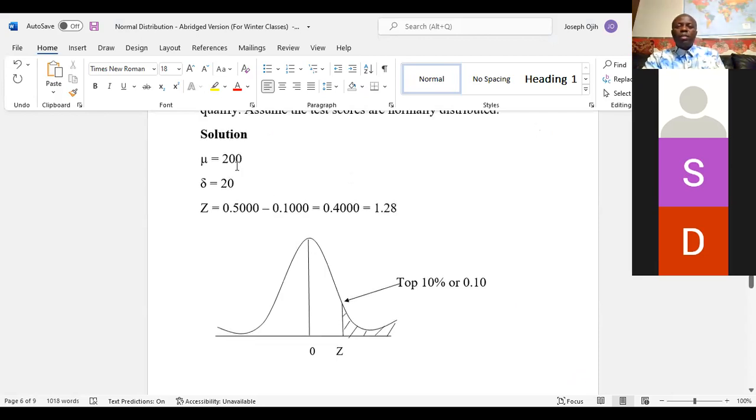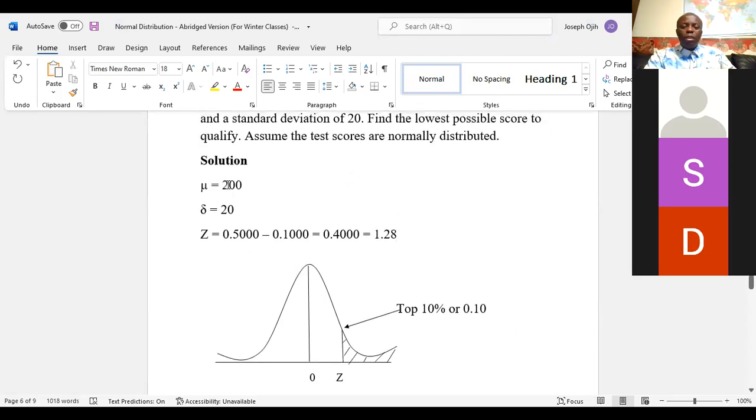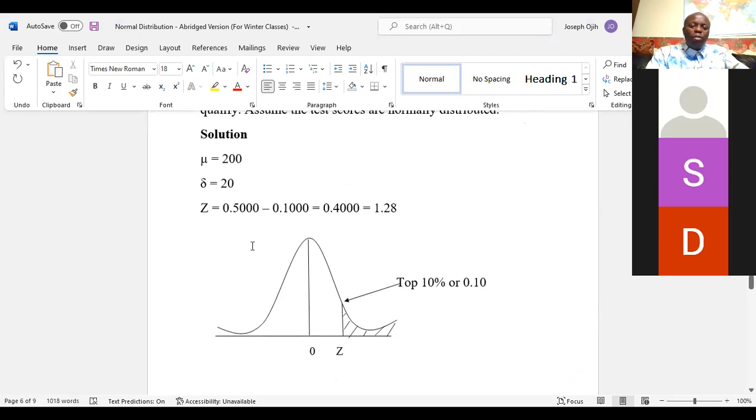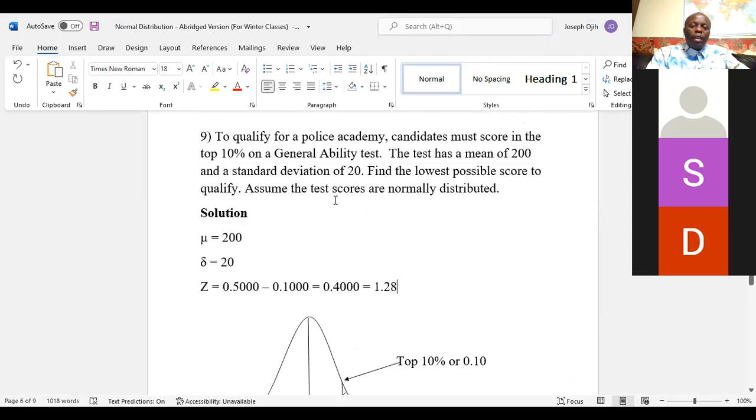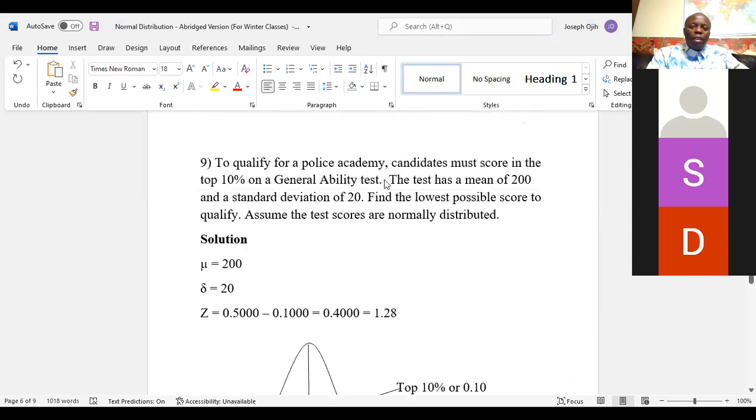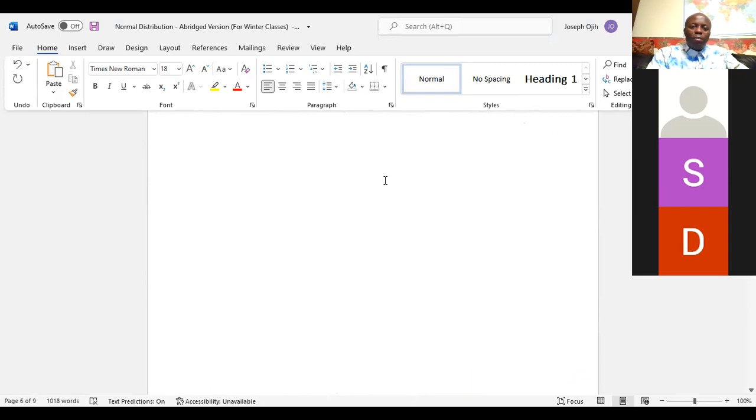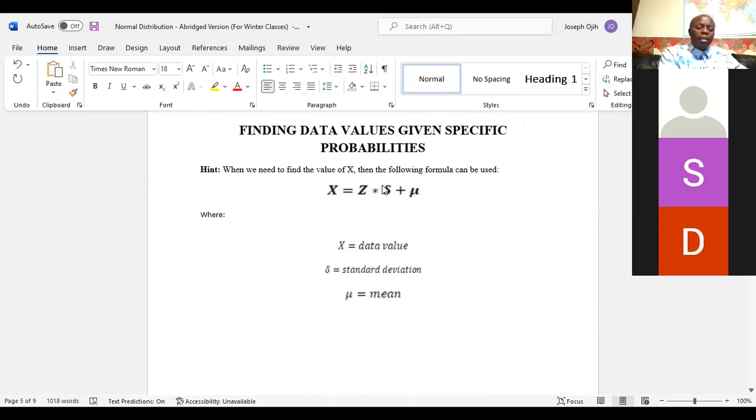Now, once you have this number, you have your chart where you can get your Z value. Now, to find the lowest possible score to qualify, you apply this formula right here. So I'm going to apply it now.